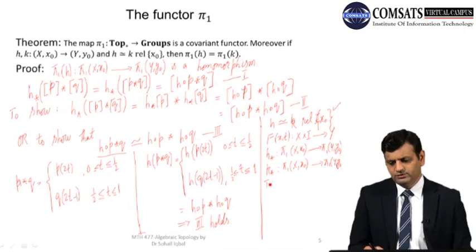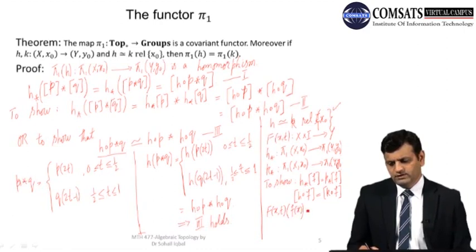In other words, we have to show that h lower star of f is equal to k lower star of f, where f is any arbitrary element of this fundamental group π₁(X, x₀). So what is this map? This map is basically h composition f, and we have to show that this is equal to k composition f. Now we can consider this function F(x, t) with f of x.